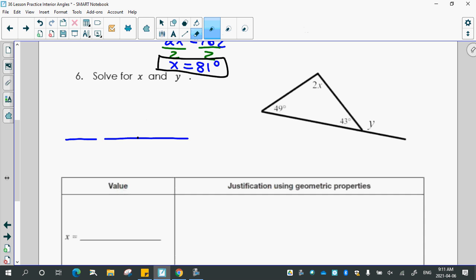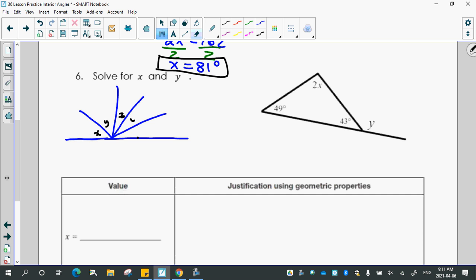For instance, if I divided this line and called the pieces X, Y, Z, W, R, then X plus Y plus Z plus W plus R would have to be 180. Pieces of a straight line always add up to 180. Doesn't matter how many pieces you divide it into, their sum is always going to be 180 degrees.